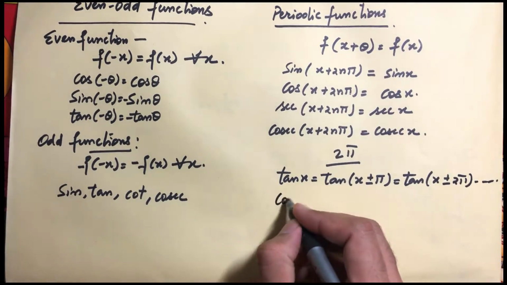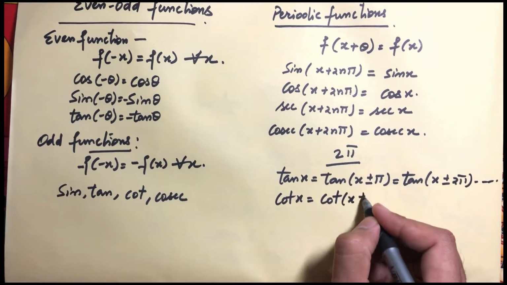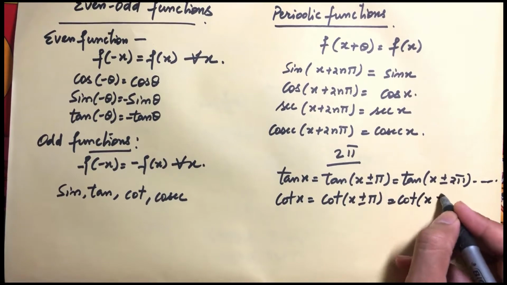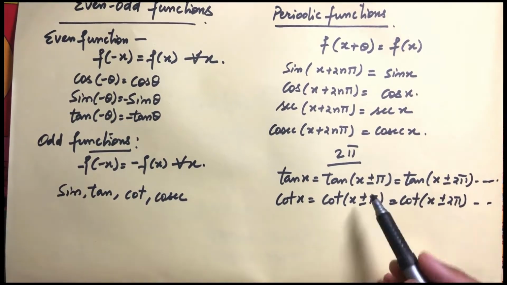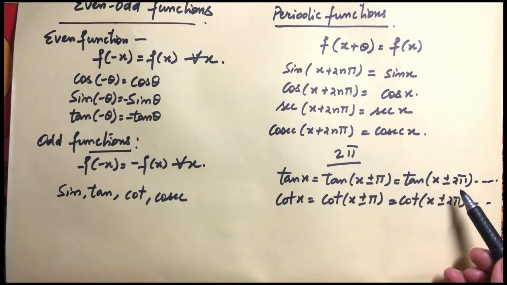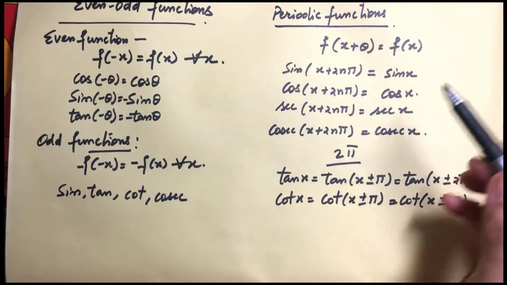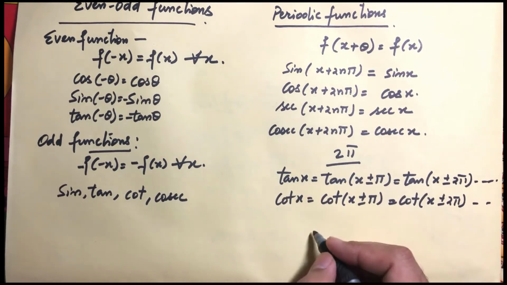Similarly for cot, cot x is cot of x plus or minus pi, cot of x plus or minus 2 pi. So for tan and cot, it remains unchanged whether we add pi or 2 pi. So it is also periodic. And what is the period? As we discussed in the definition, the least value. Then the period of tan and cot is pi.